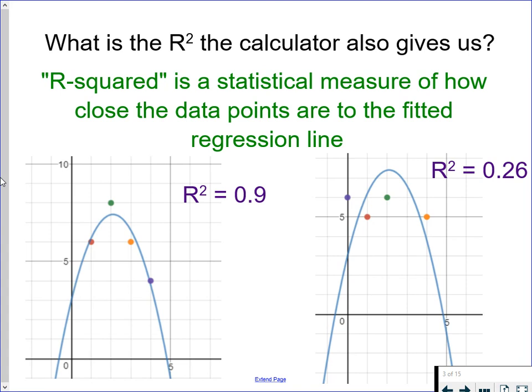In some cases, it goes straight through every point, kind of like the last problem we just did. But if you notice, the closer to 1 means the closer the points are to your line. You notice over here, 0.26, this makes a zigzag. This is nowhere near the shape of a parabola.